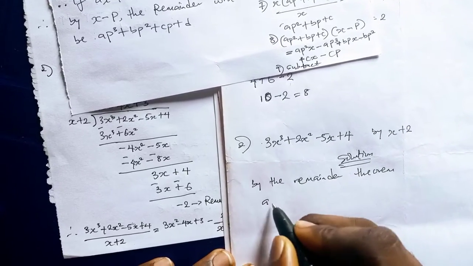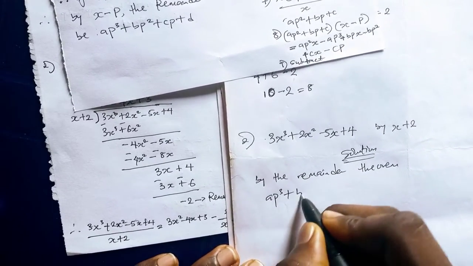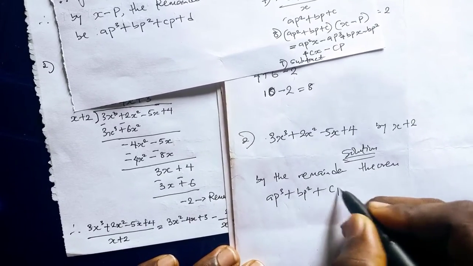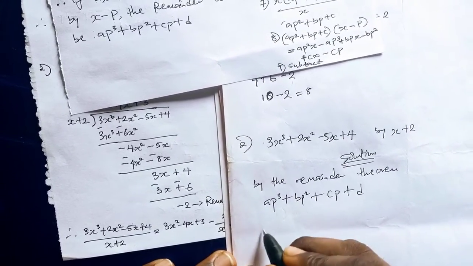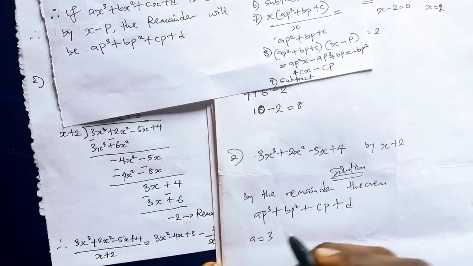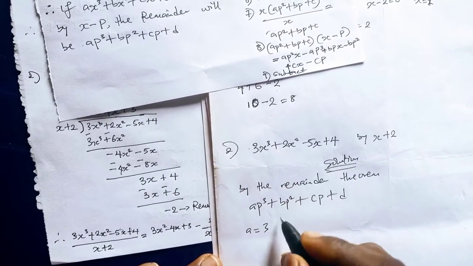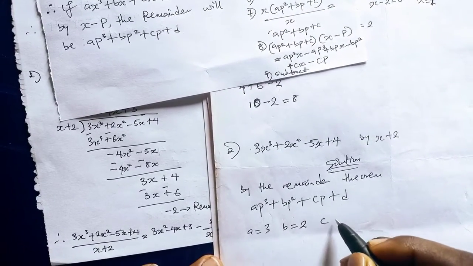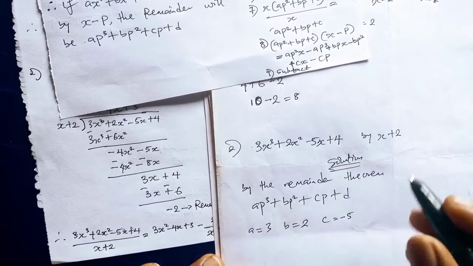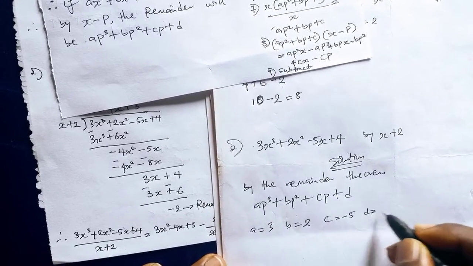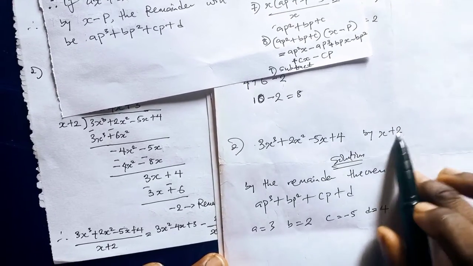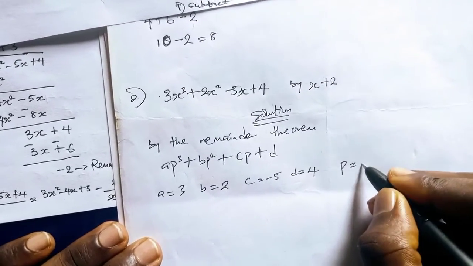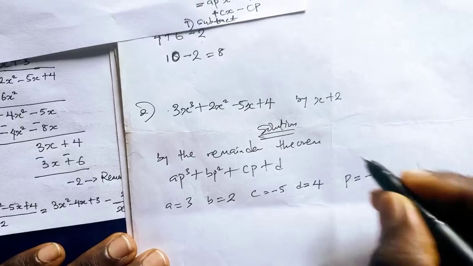which is a p cube plus b p square plus cp plus d, where a is equal to 3, which is the first term here, b is equal to 2, c is equal to negative 5, and d is equal to 4, while our p here is equal to negative 2.